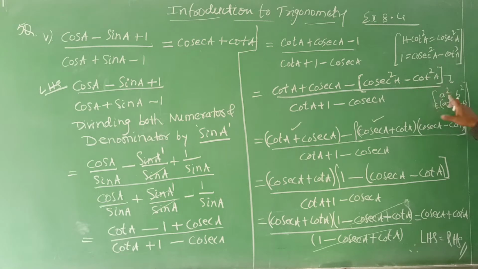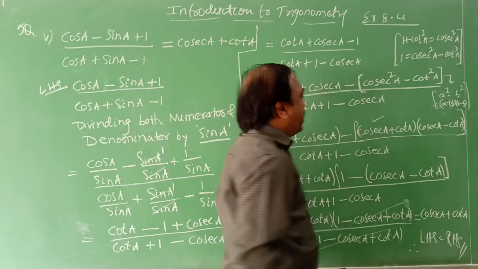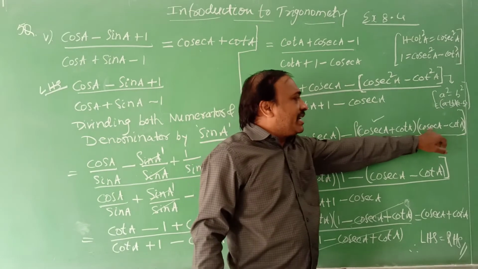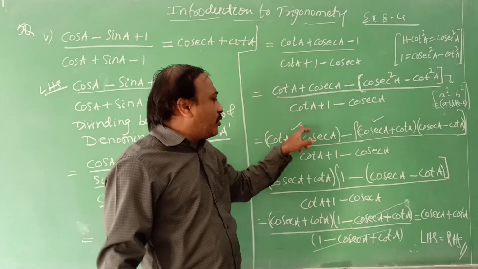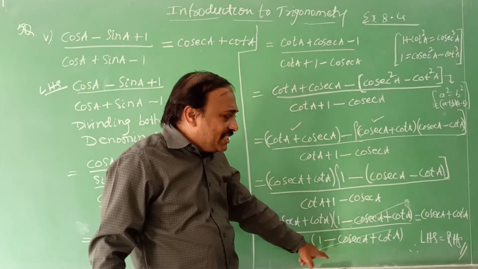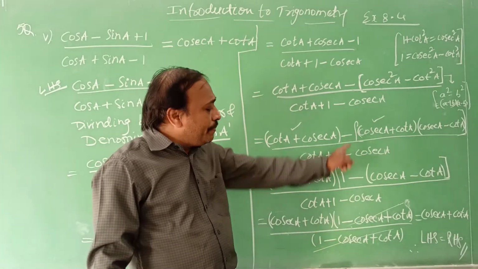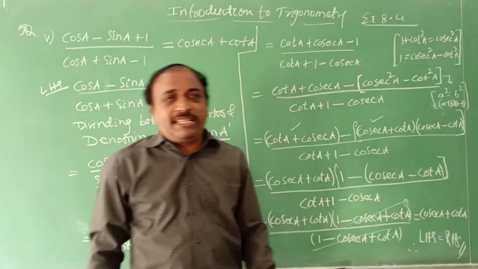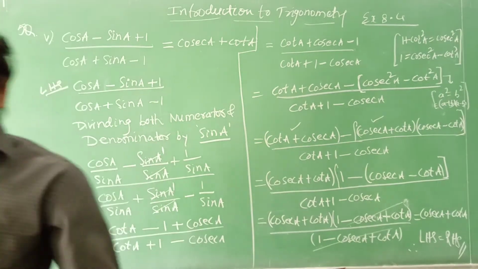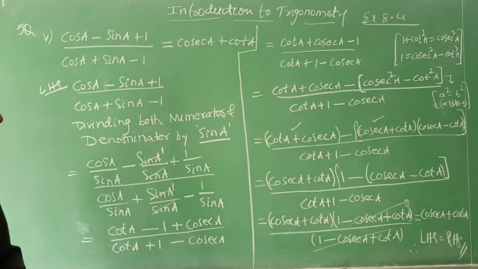A square minus B square is A plus B into A minus B, so cosecant A plus cot A, cosecant A minus cot A. These two I took out common, then rearranged. Same terms in numerator and denominator cancel, and the leftover is cosecant A plus cot A. Is it clear? I hope you understood.